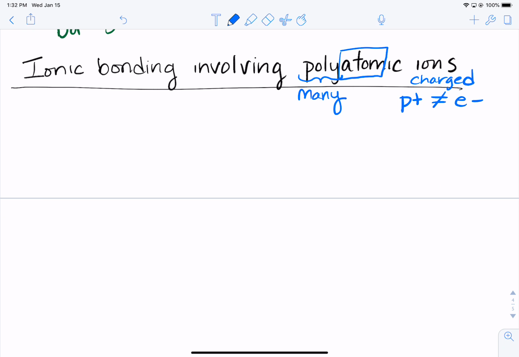So an example of a polyatomic ion is something like CO3 2 minus. What that means is you've got a carbon, you've got some oxygens, 3 of them in fact, that are bonded to that carbon. And then you have, I'm going to put little dots here, 2 extra electrons.